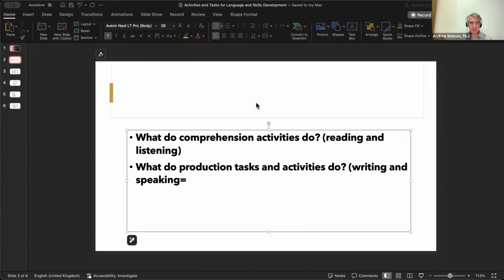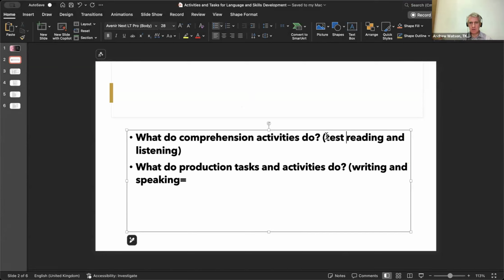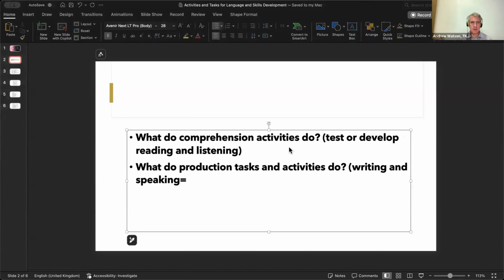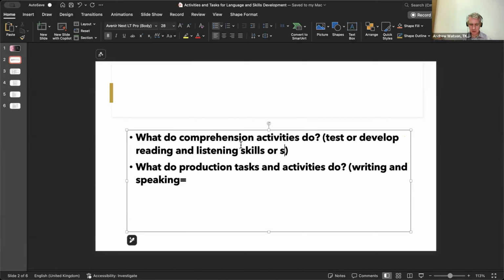Yeah, so comprehension would be to test or develop listening or reading skills, or sub-skills.